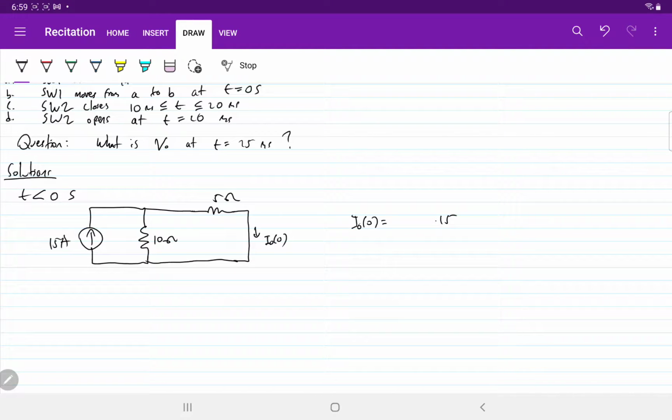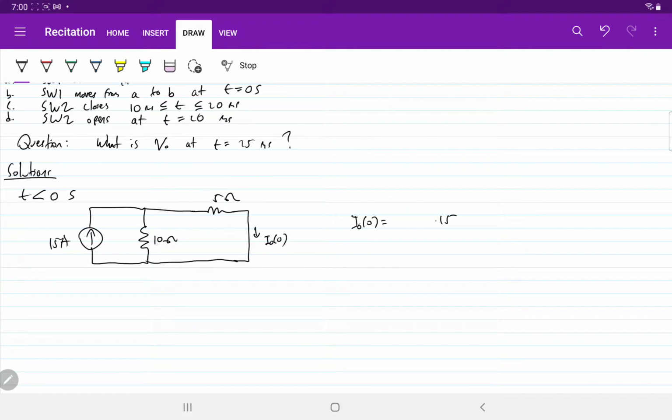If you forget, here's a simple intuition. You have two resistors in parallel. It means that the current flowing through this resistor will be different from the current flowing through that resistor.